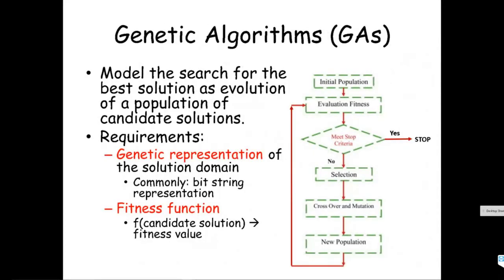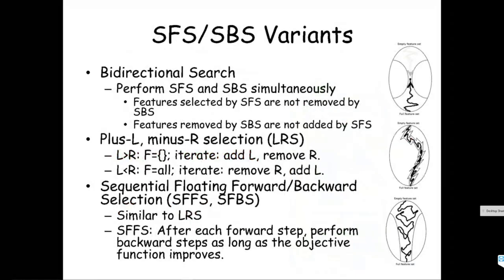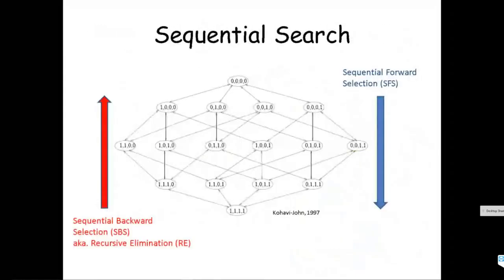The final method that I'm going to describe is genetic algorithms. In this method, as one of you described in your topic presentations, we model the problem as a genetic optimization problem where each possible solution is an individual.